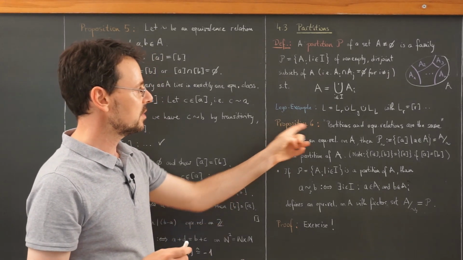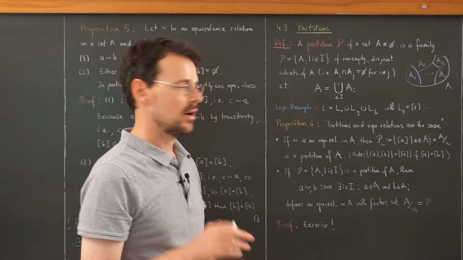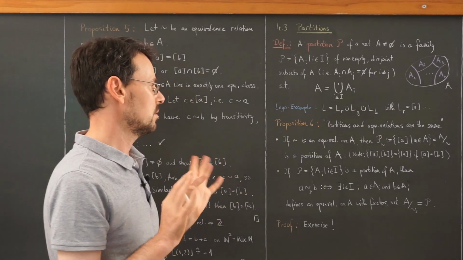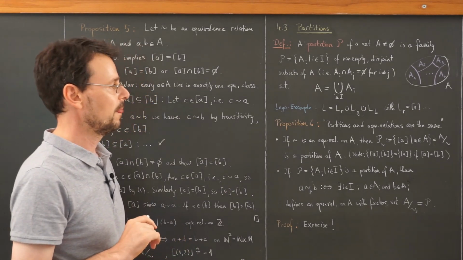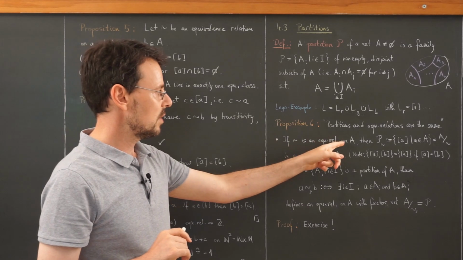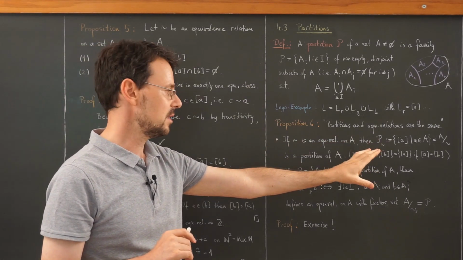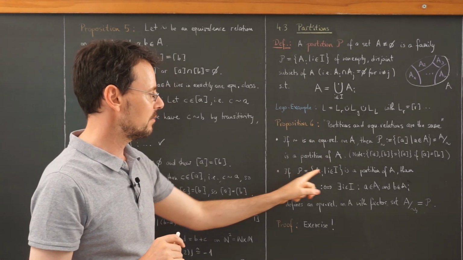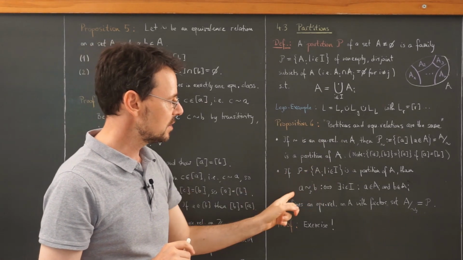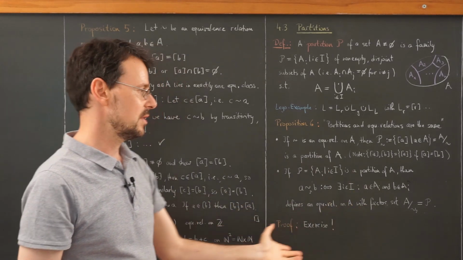So now Proposition 6 says, partitions and equivalence relations are the same, in quotes, meaning the following. If I start with an equivalence relation on a set, I can easily construct a partition of this set, and the other way around, if I have a partition of a set, this gives rise in a natural way to an equivalence relation on this set.